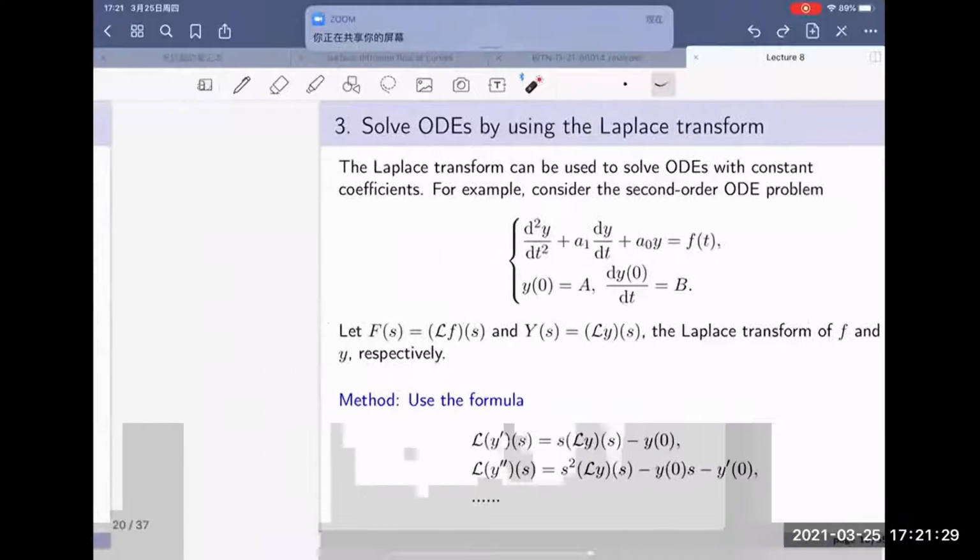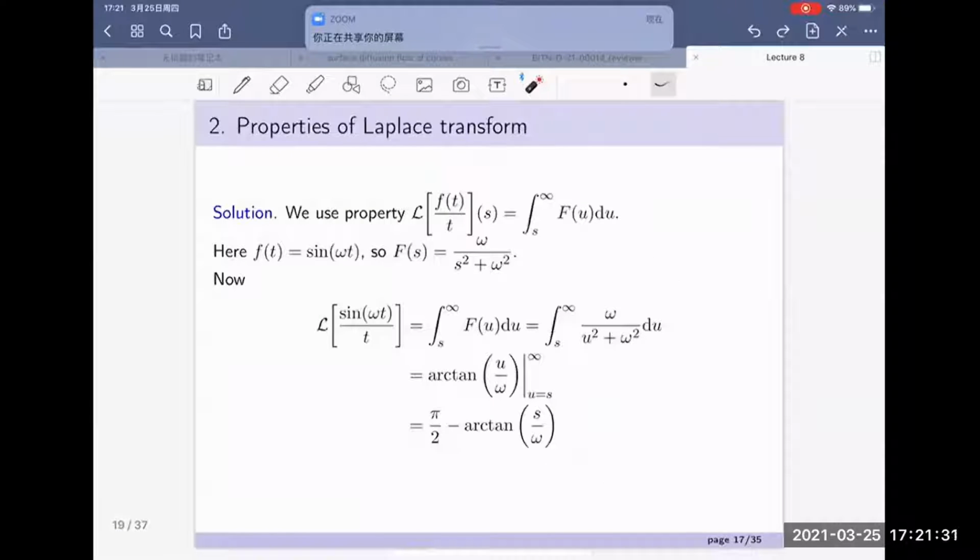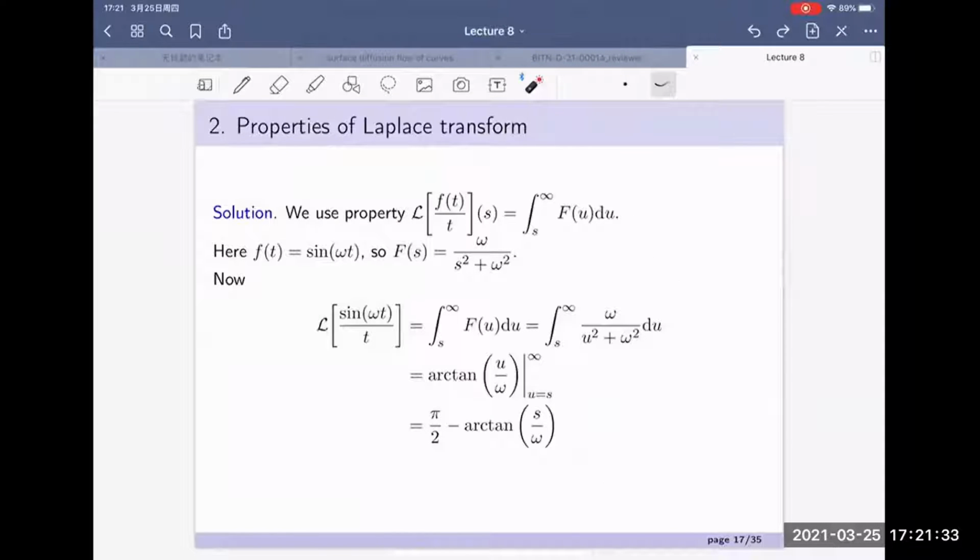So one student asked a very good question: why is it the integral from s to infinity? It's the integral, but why from s to infinity? This is just a fixed formula.